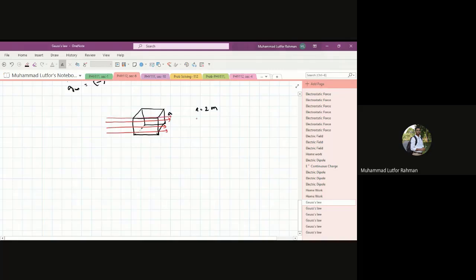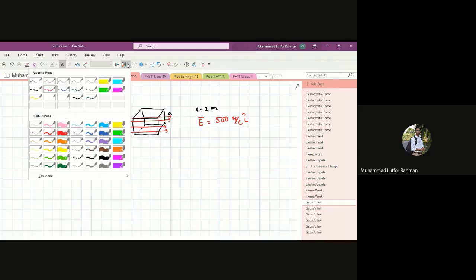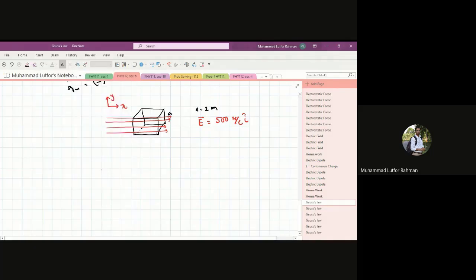Say the magnitude of this electric field, or in terms of vector, I can write, say 500 Newton per Coulomb. Say I choose this as my positive X direction and this as my positive Y direction. Now I want to find the flux for each of these surfaces of this cube.